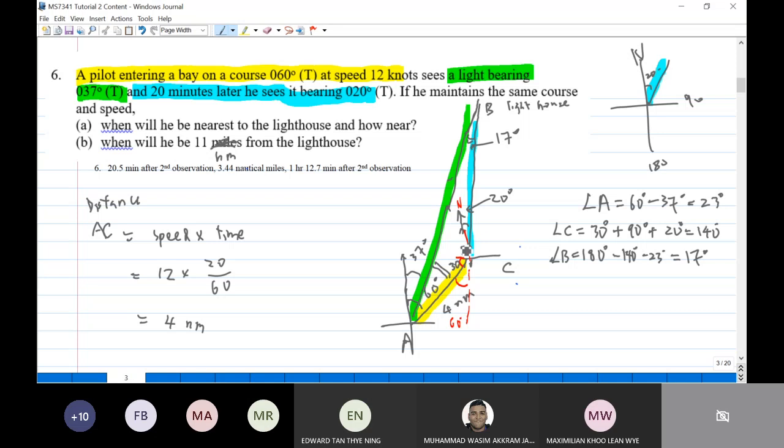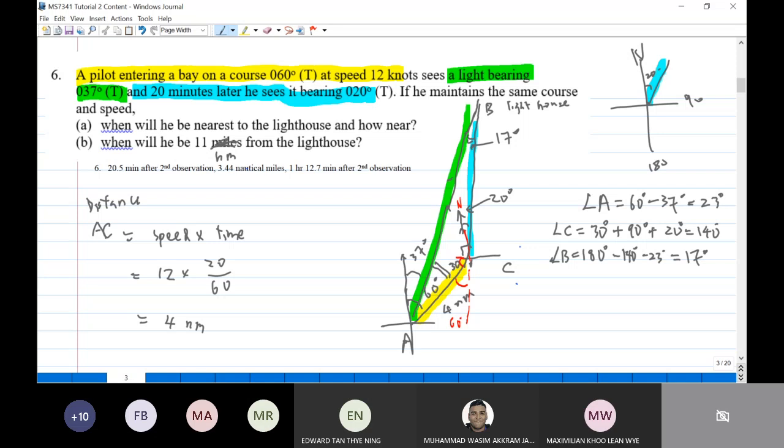Okay, angle C is altogether 140. So I may need to redraw the diagram. This is a good picture to work from. Then I'm going to transfer the information into the other diagram. Anyway, this video is recorded, I hope it works.